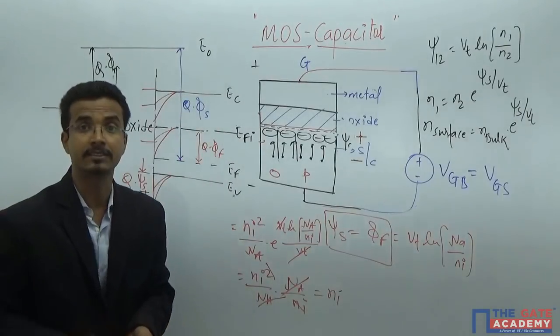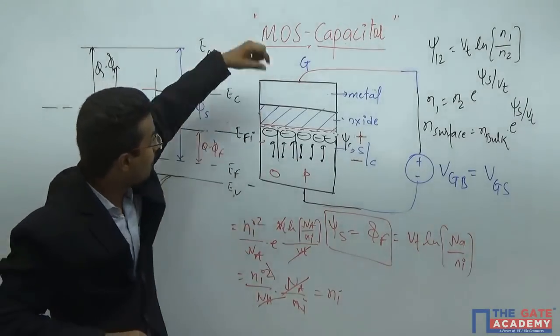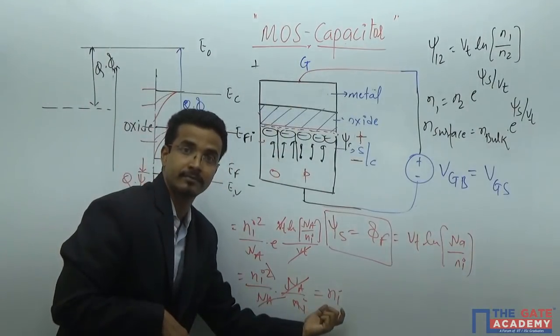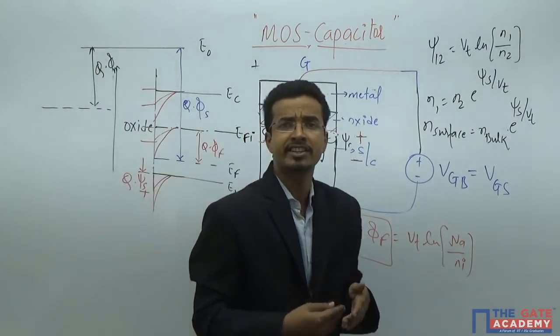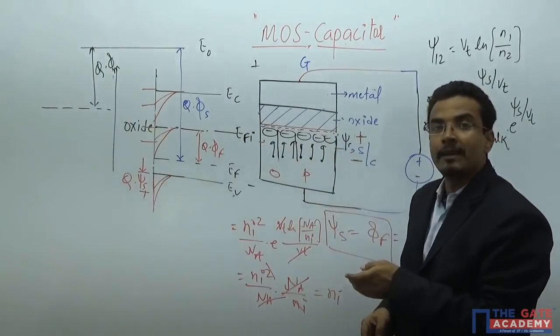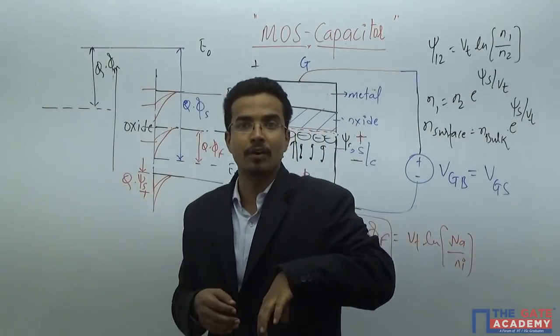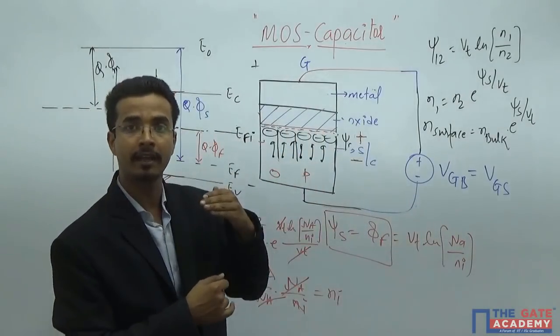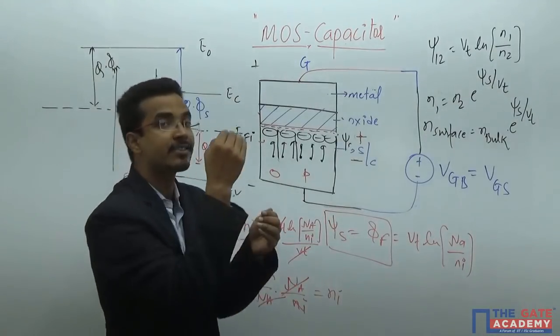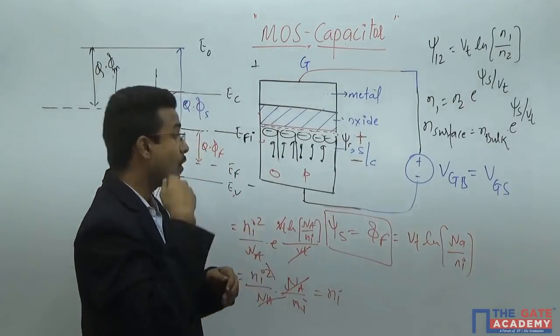What is the meaning of this? From a p-type substrate, you have made it intrinsic type. That means the hole concentration is decreasing, yes or no? Because you have decreased the hole concentration from Na to Ni, and you have increased the electron concentration from Ni square upon Na to Ni.